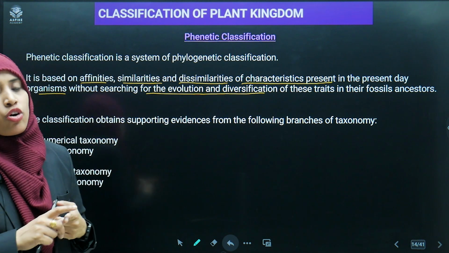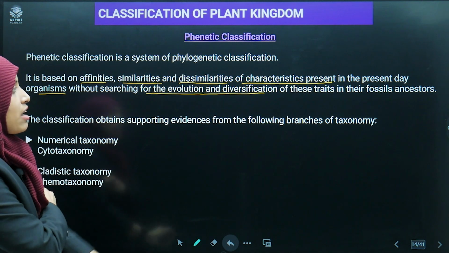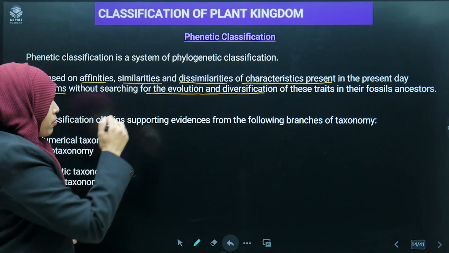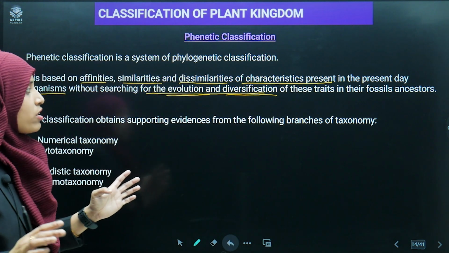What is the link between the organisms? So that was the main base of this classification, phenetic classification. Even the evolution and the diversification was not being focused.